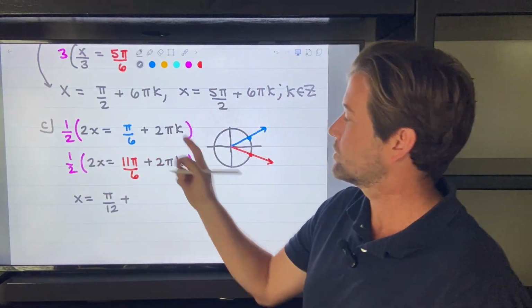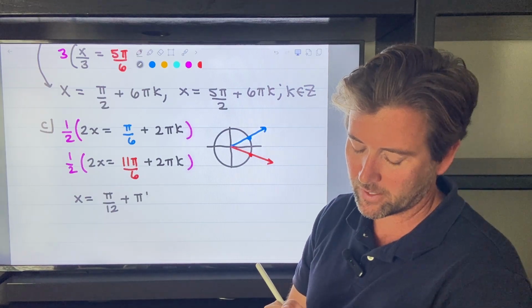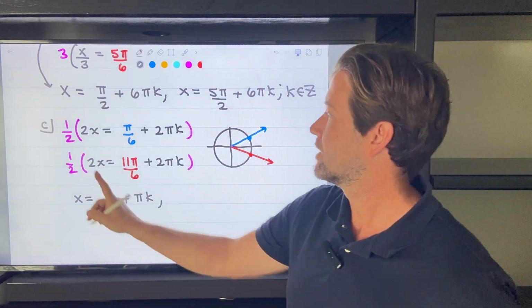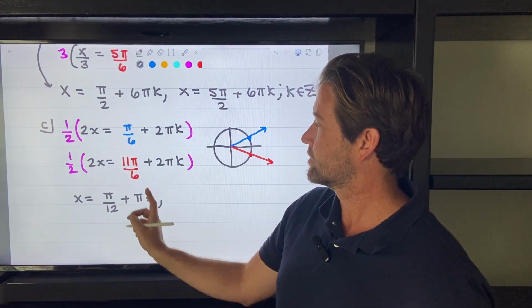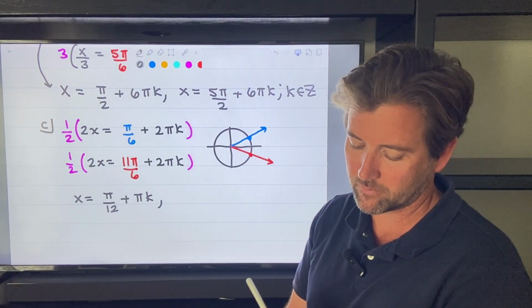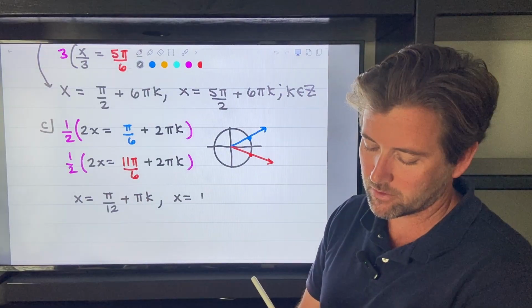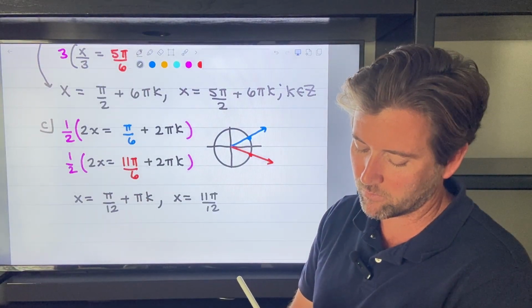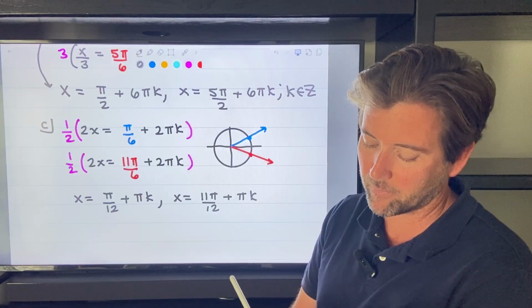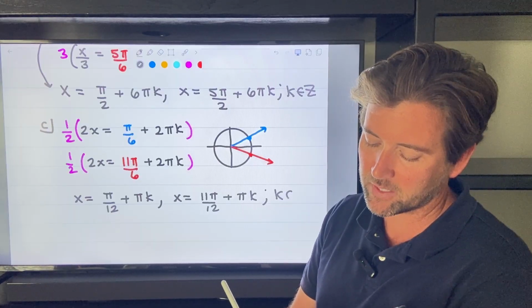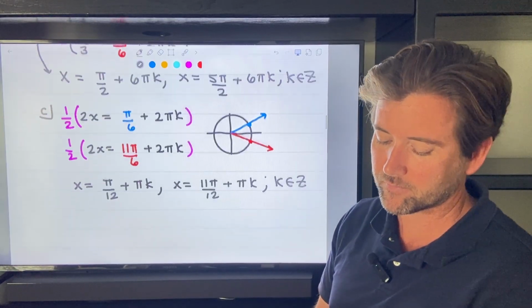A half times 2 pi k is pi k. A half times 2x is going to be 1x. A half times 11 pi over 6 is 11 pi over 12 plus pi k. And k has to be an element of the set of integers.